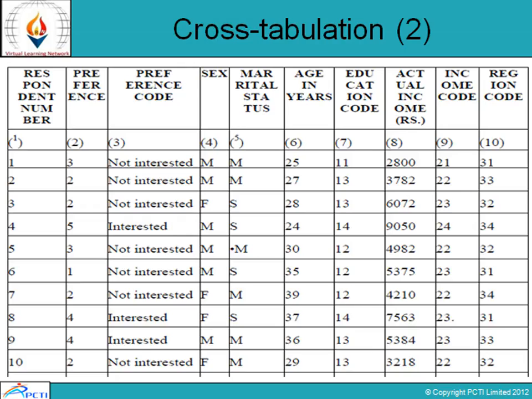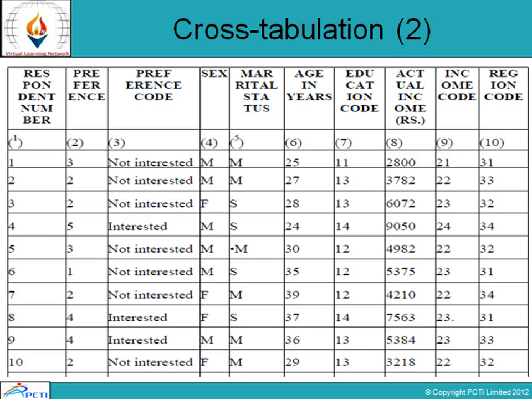Here in this table, there is a survey which is done on preference for new packaging design. So they contain respondent number. In the next column they have their preference. Then a preference code is assigned in column 3. In column 4 their sex is mentioned.